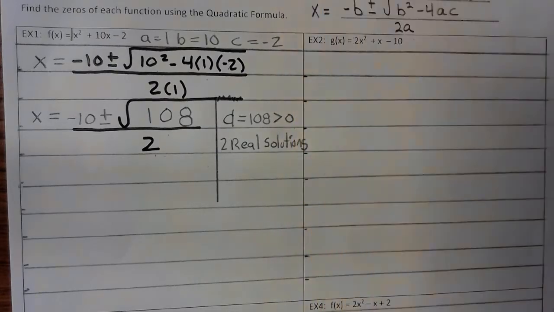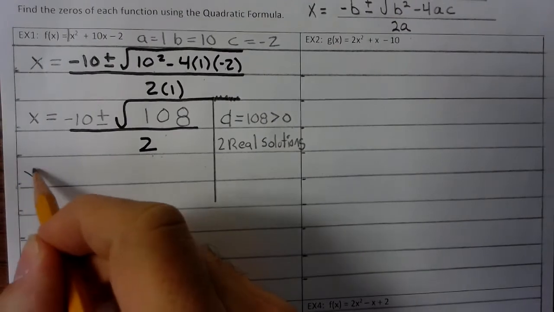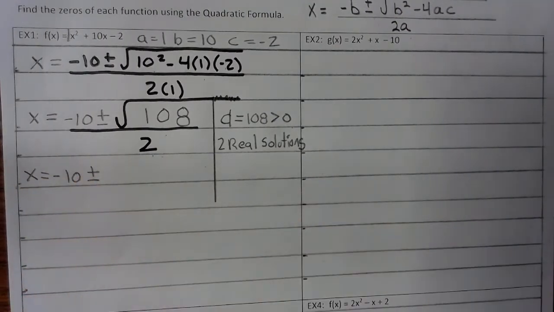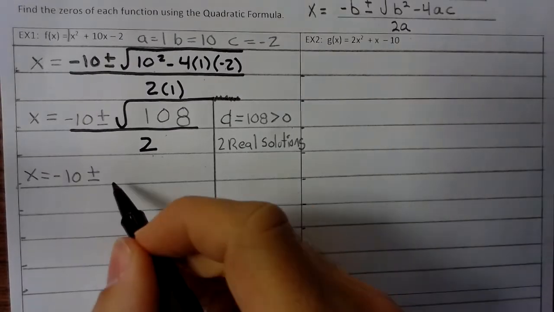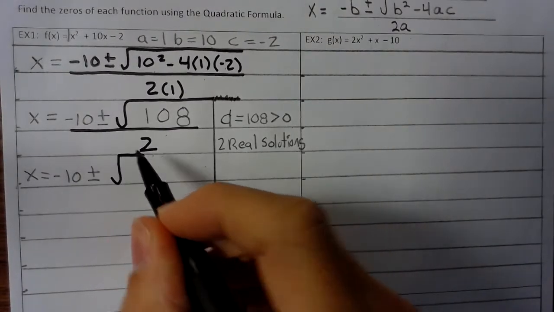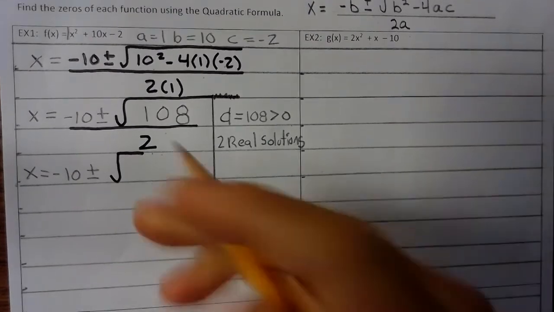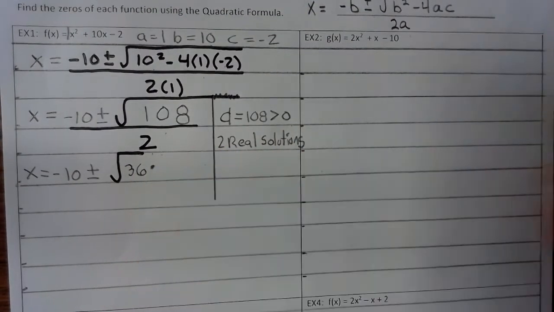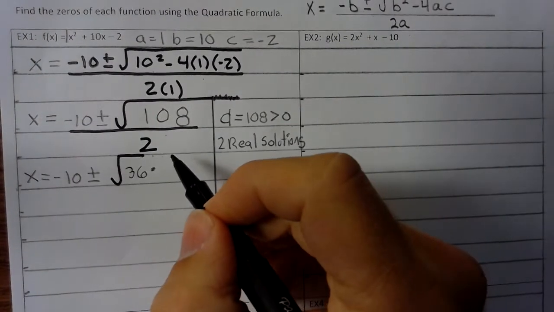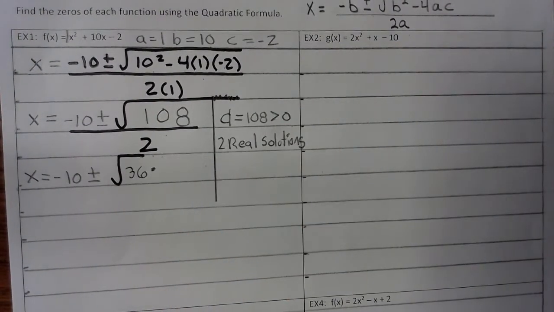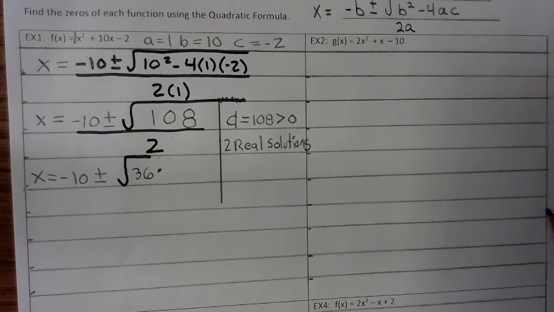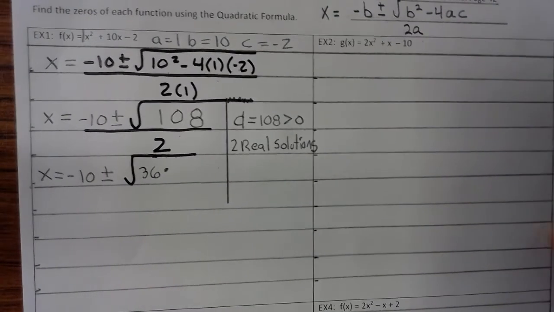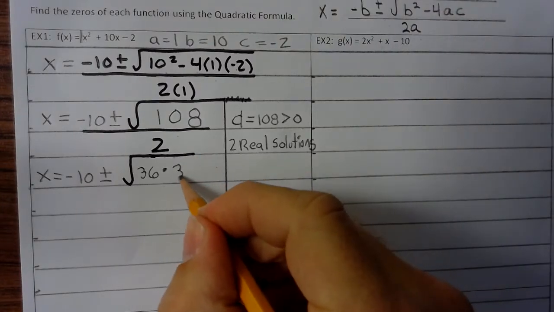Okay? So now we can write this as x equals negative 10 plus or minus the square root of 36 times 3, divided by 2.